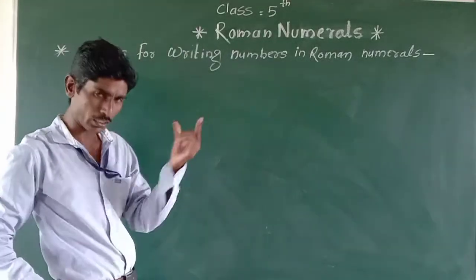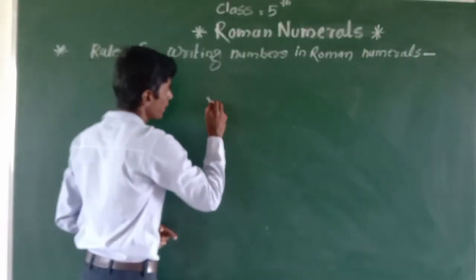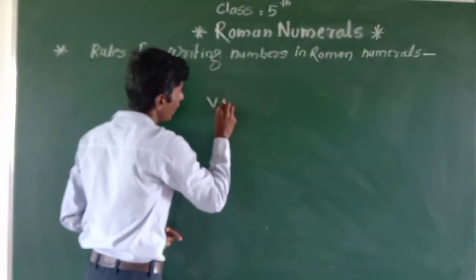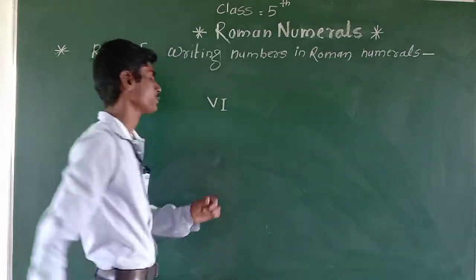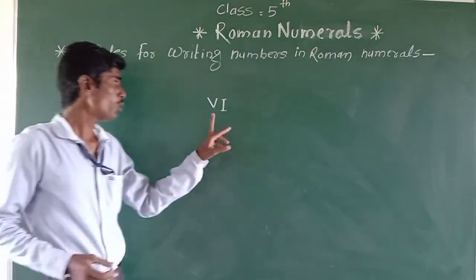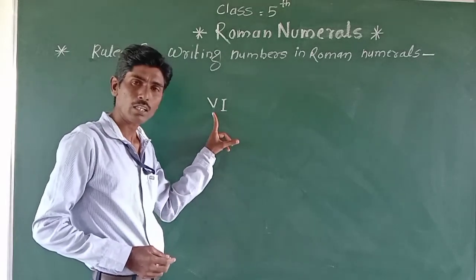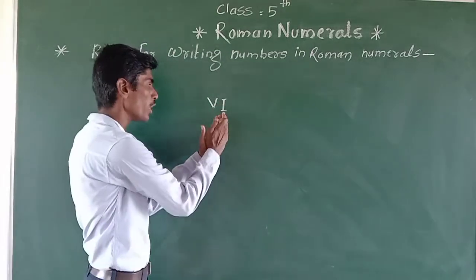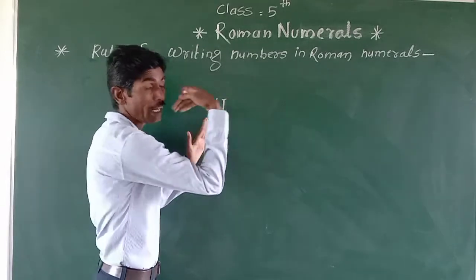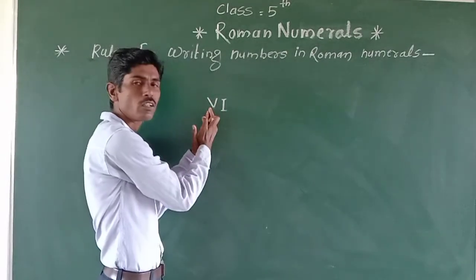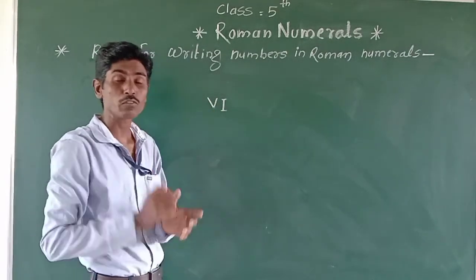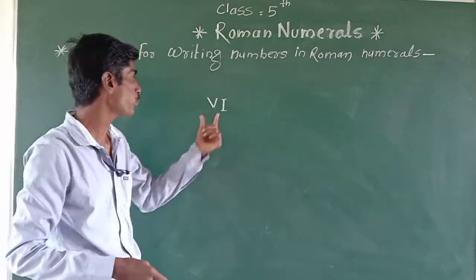Another rule is that if a smaller numeral is on the right side of a larger numeral, we have to add the numbers. We will take another example, VI. You realize that I is smaller and V is larger. The smaller numeral is on the right side, so we add.